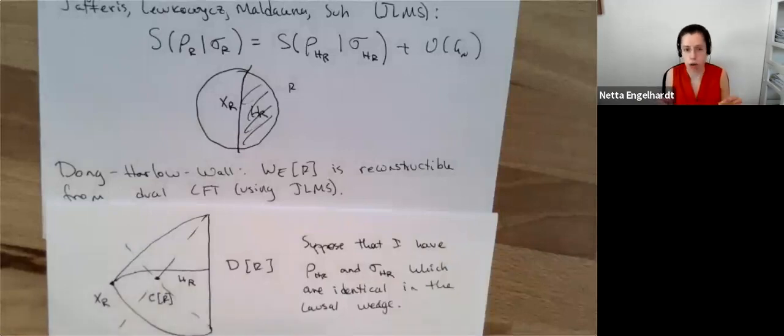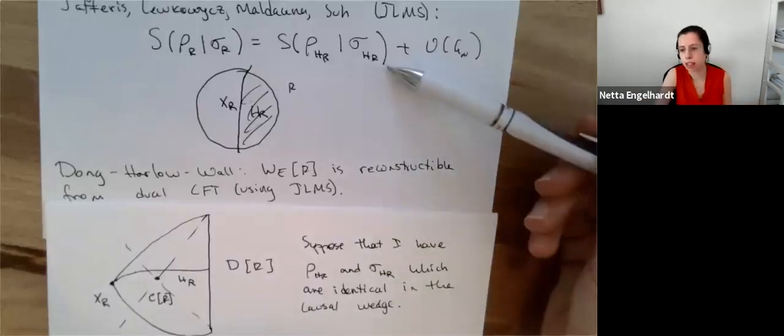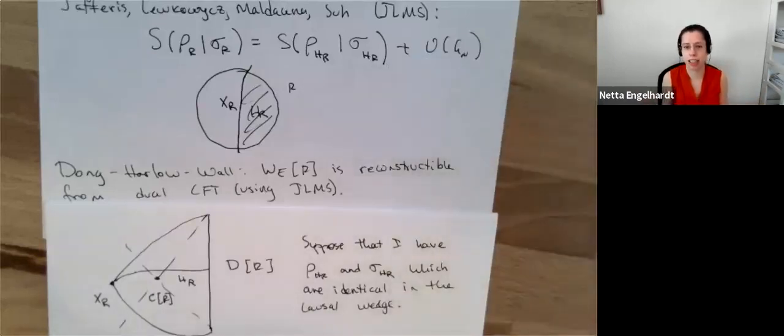Then we would not know that rho HR and sigma HR are not the same state if they only differ on those subsets. We would say they're the same. But then we would have a problem with this formula, because it tells us that the boundary states are as distinguishable as the bulk states. So in a very rough intuitive sense, again, I'm not going through the derivation, I'll be a little bit more precise in a moment.